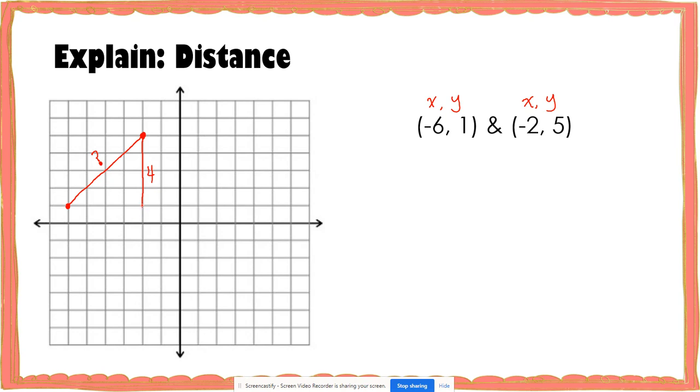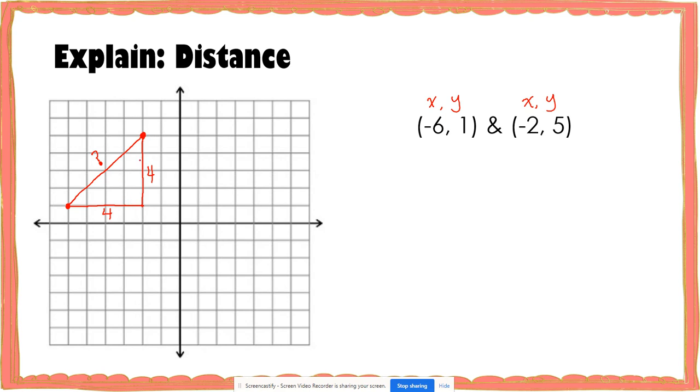Then I would figure out the horizontal distance. What would be the distance from here to here? If I start here, it's 1, 2, 3, 4 as well. The question is, what is the actual distance between these 2 points, which is this value here?